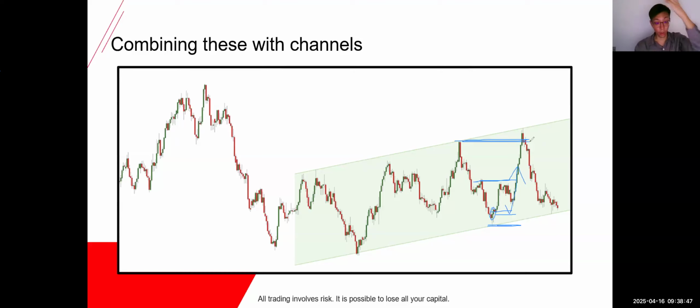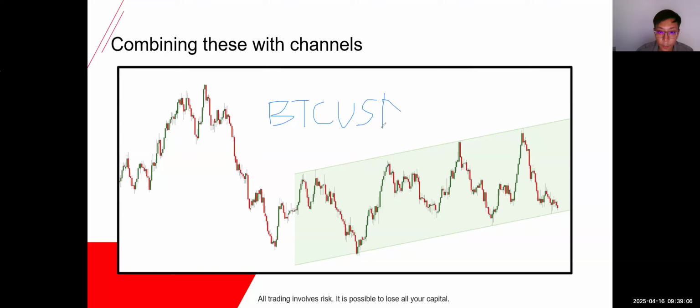Okay, so for myself, I don't usually focus a lot on channels. One good thing about channels is that it works very well with BTC USD, because BTC USD uses a lot of patterns. If you realize, it likes to do something like that, and then we have a pattern to go even higher.